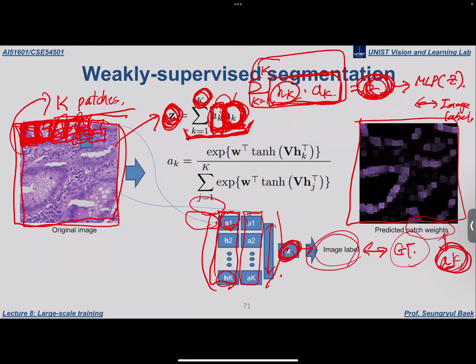Patches which have high contributions might have a high A of K value, and patches which have a low A of K may not contribute much to the image label. So somehow we can classify the image level labels and at the same time classify the patches by their contributions to the whole image feature. Okay, so this is an example of weakly supervised segmentation.